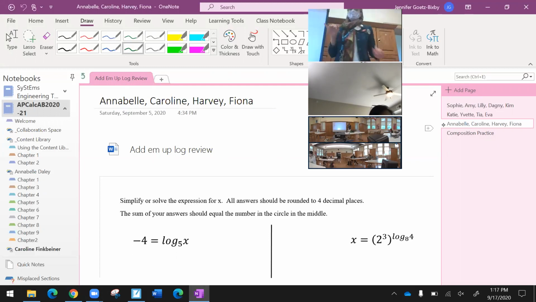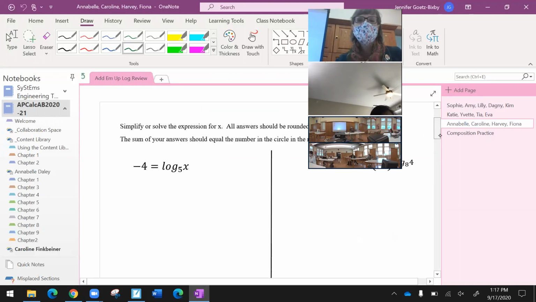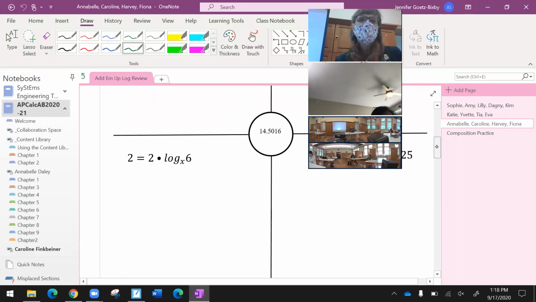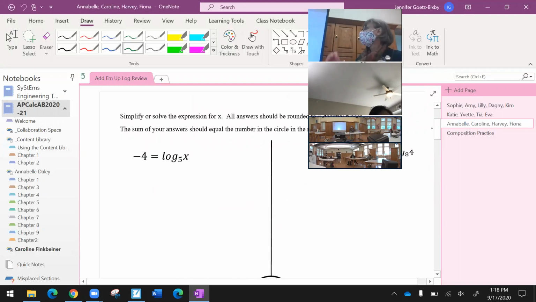In each document, there are 3 sets of problems. What you do is everybody in your group, so you have at least 4 people in your group. Amy's not here, so there's 5 people in hers, so we don't have to worry about Amy. With your group, whether you Zoom or talk, you're each going to do a different problem.